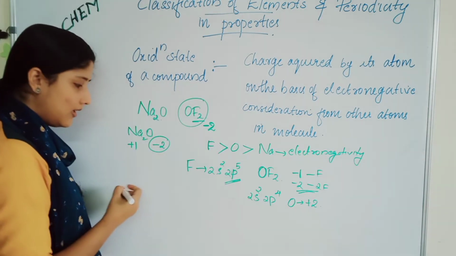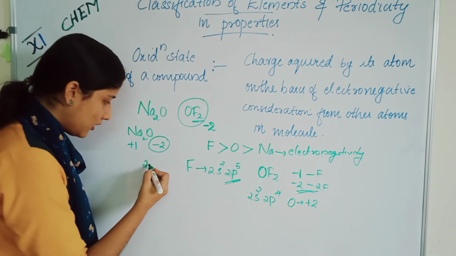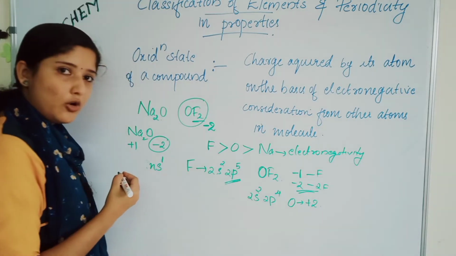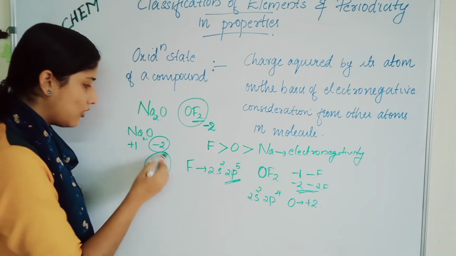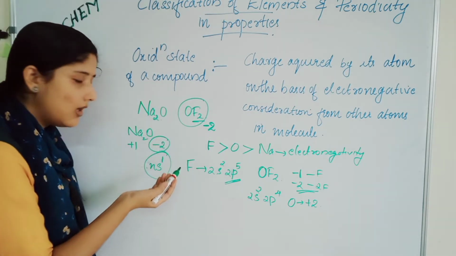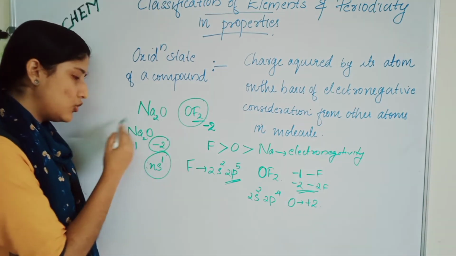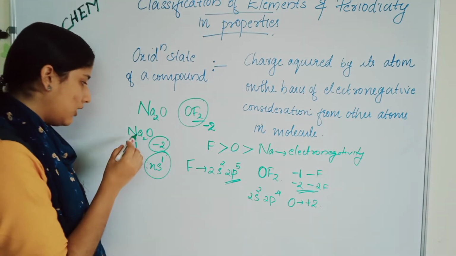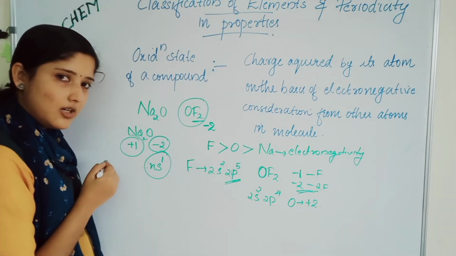Sodium, an alkali metal, has ns1 electronic configuration and needs to lose one electron. There are two sodium atoms, so they will share two electrons from the oxygen atom. So sodium will have a +1 oxidation state.